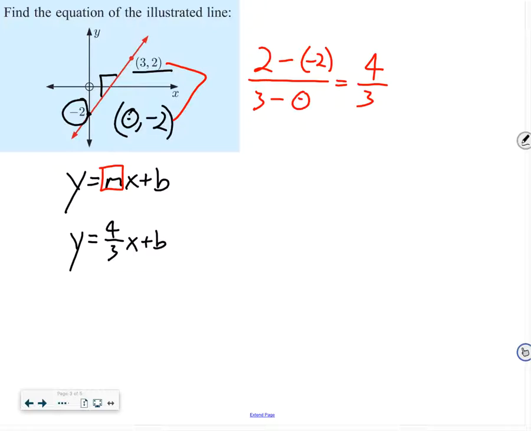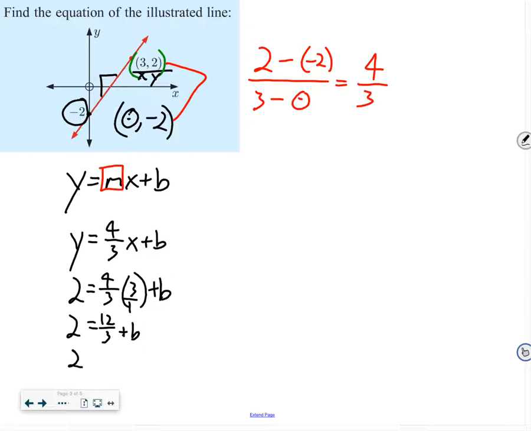Well, just like before, now I need to solve for my b. I have a point that satisfies this, so I can plug that in. So this is my x value, and that's my y value. So I get 2 equals 4/3 times 3 plus b. So I get 2 equals 12 over 3 plus b.